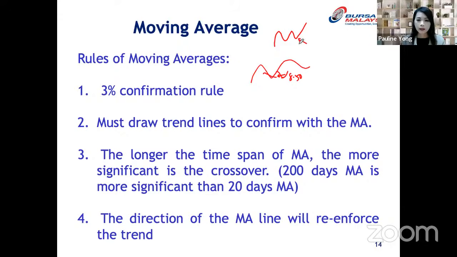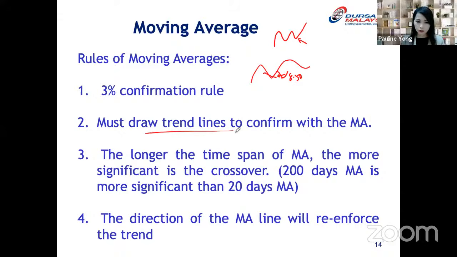There are also other types of confirmation. For example, some people count the candles after the breakout. Maybe the second or the third candlestick, then only they confirm and go in. So there are different rules: this is the 3% rule, the retracement rule is another one, and another one is counting the candlesticks.